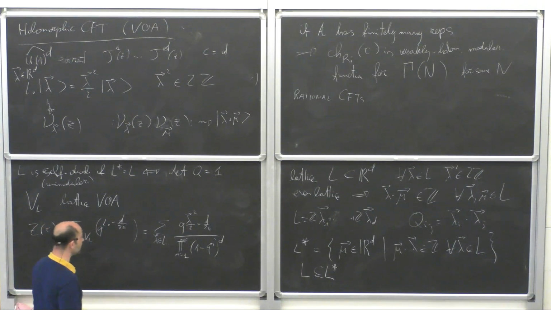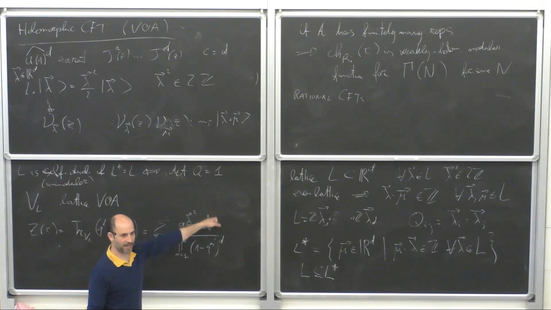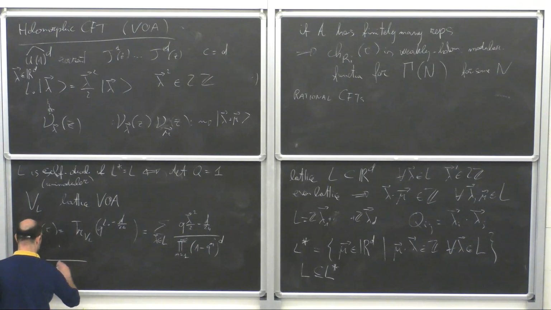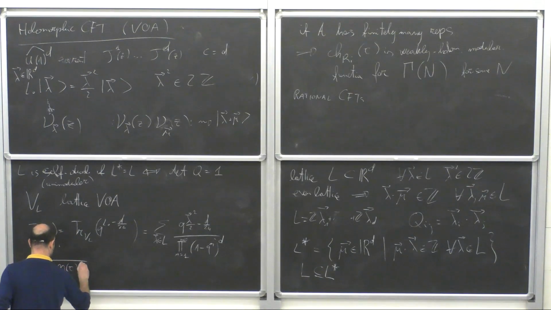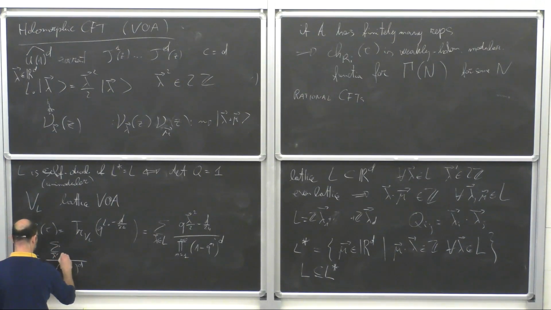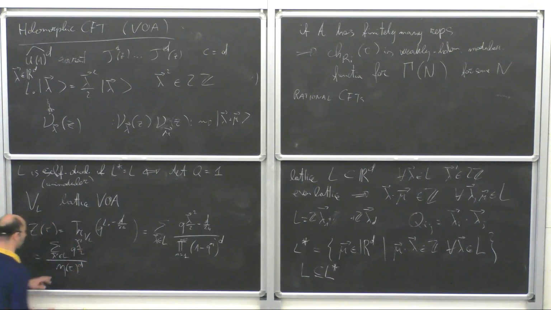Then you can rearrange this, because here you have a q to the minus d over 24 and here you have this product, and the two mix very well, because they give you a Dedekind eta function to the power d in the denominator. In the numerator, what is left is the sum of q to the lambda squared over 2 for all lambda in the lattice. So this is the character, this partition function.